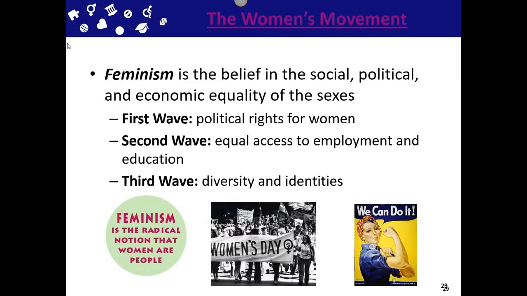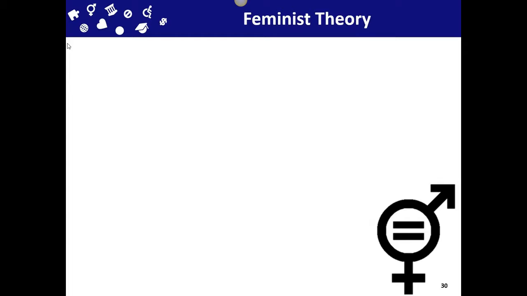So we've started to see this third wave of feminism focus on intersectionality and the diversity of identities that we have within the feminist movement.